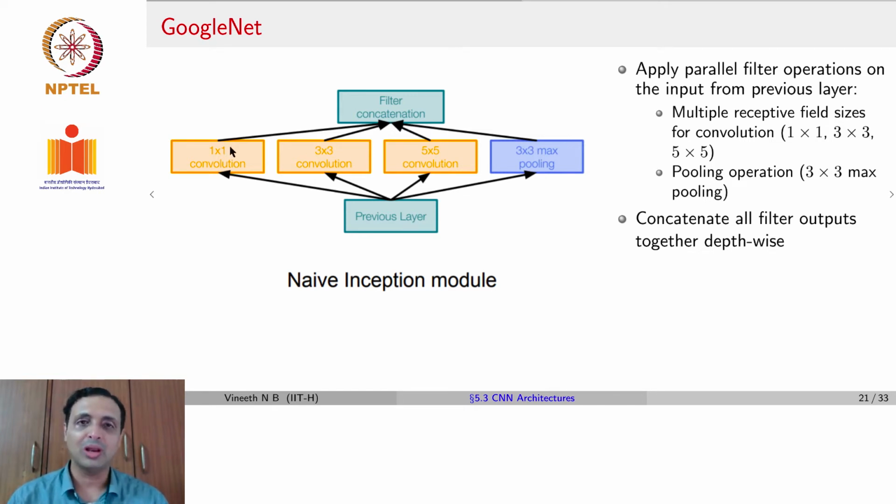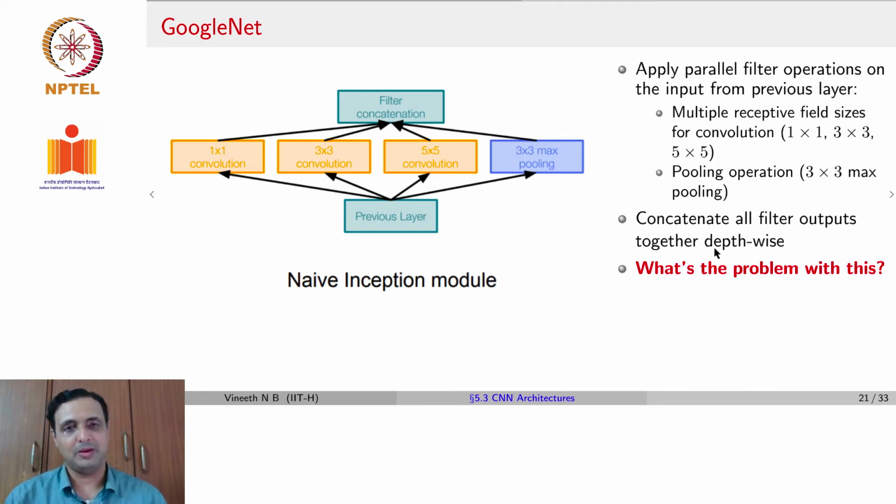So you have a 1x1, a 3x3, a 5x5, even a 3x3 max pool, and they concatenated all of those. So the depth that you get in this layer after the concatenation would be the concatenation of all of those depths that you get as the output of each of these convolutions or max pooling. So they had multiple receptive field sizes, and they had a pooling operation which they concatenated depth-wise.